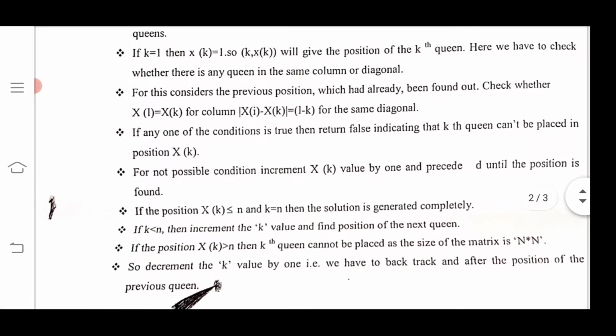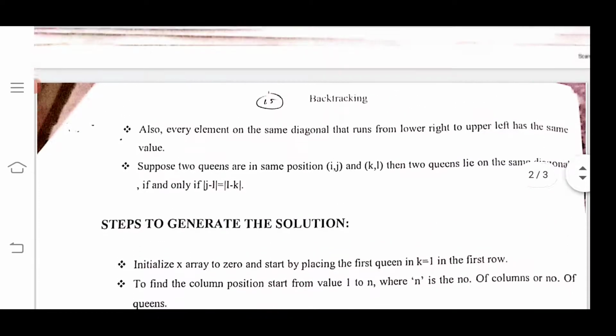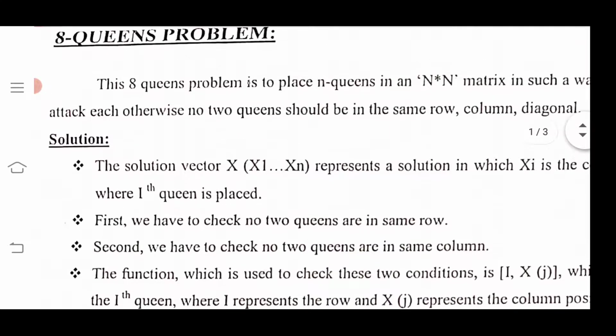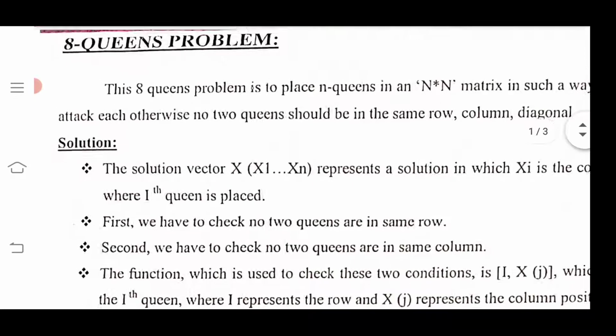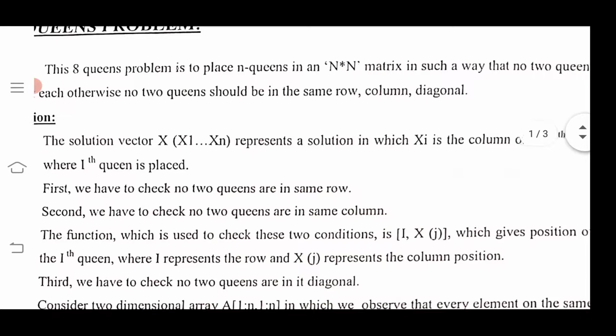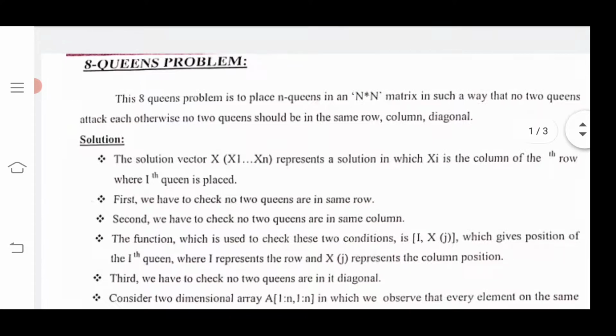The 8 queen problem is to place n queens in an n by n matrix in such a way that no 2 queens attack each other: no 2 queens should be in the same row, same column, or same diagonal. This is the main intention of the 8 queens problem.